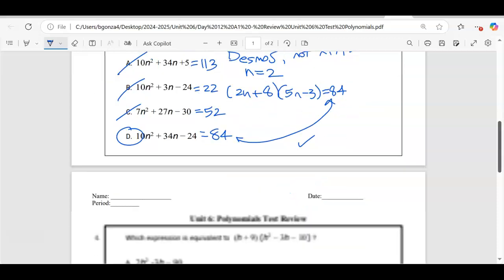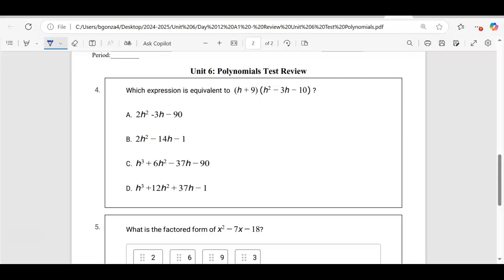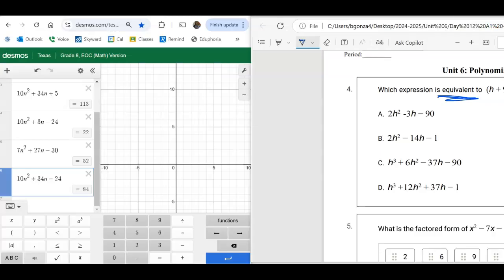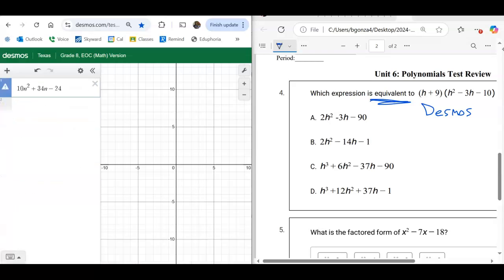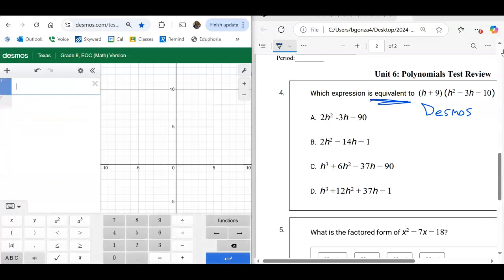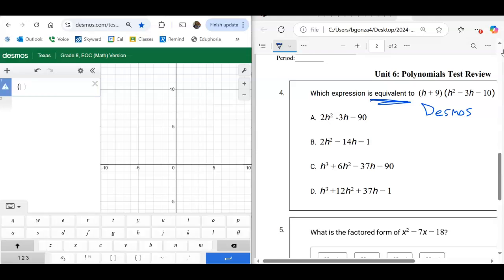Okay. Halfway done. Another equivalent problem. Now, again, you can use Desmos. There is no X, so we're going to just type in H. Okay, H plus 9.